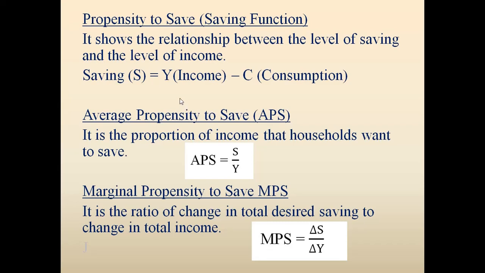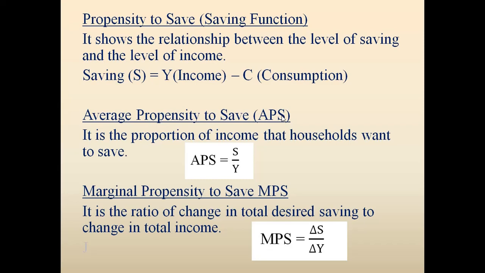Now, just like we had in the case of consumption, APC, average propensity to consume, similarly we have APS, average propensity to save, and MPS, marginal propensity to save. It's very simple. By APS, we mean the proportion of income that households want to save.